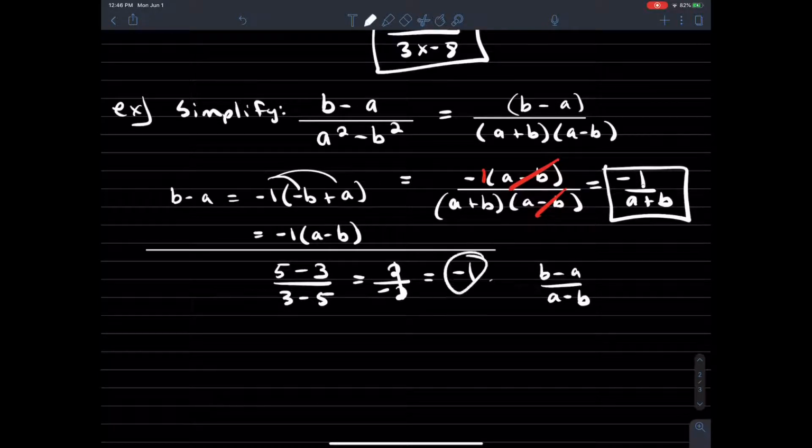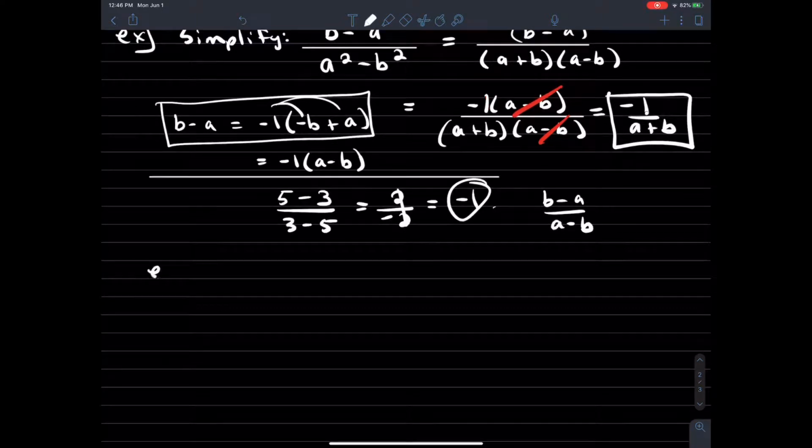So basically, those always cancel to a negative 1. Put it on the top or the bottom, of course. So you can just see that they're the opposites and replace it with a negative 1, or do the work here and factor out a negative. It's the same difference.